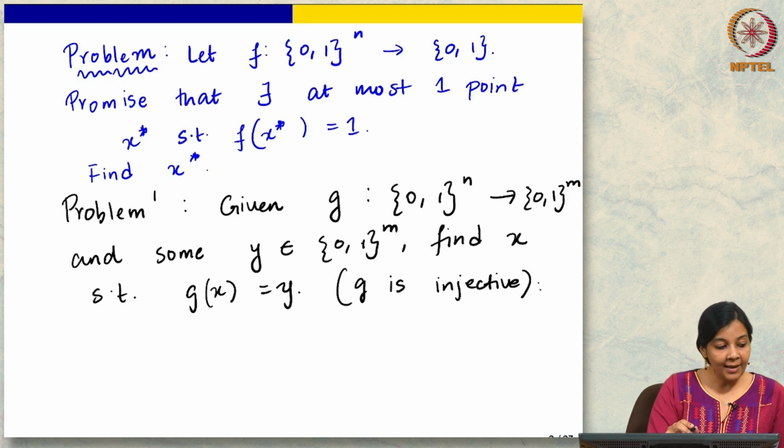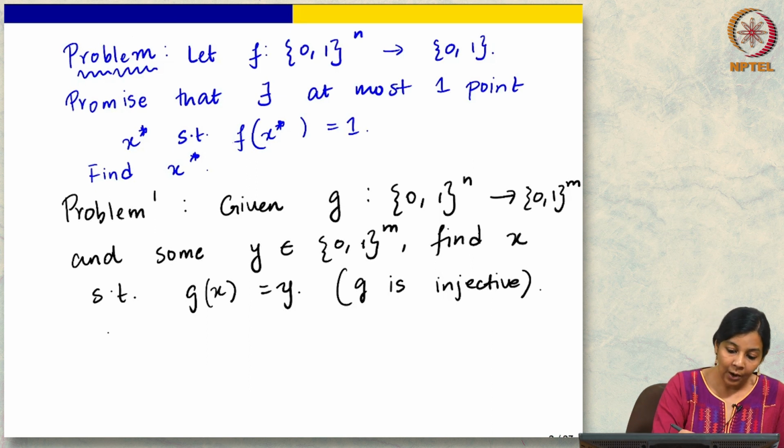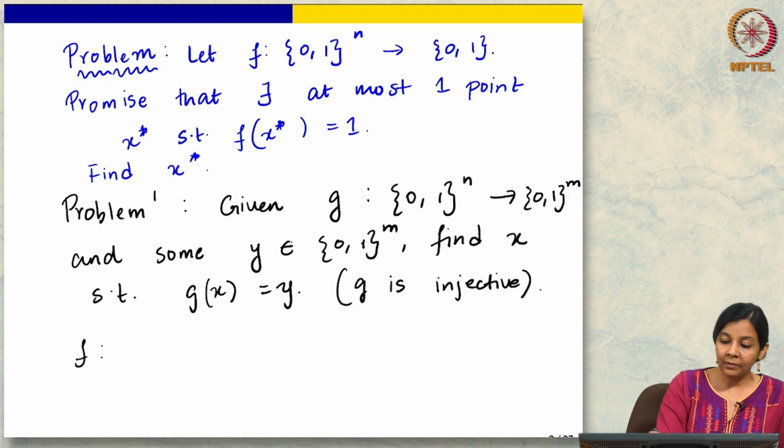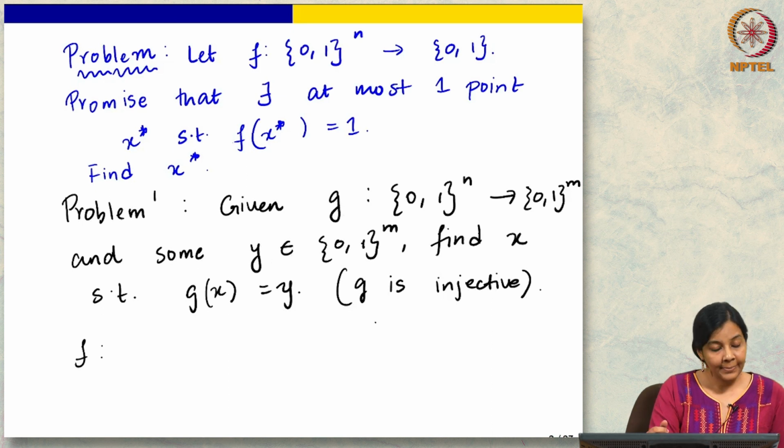So you can see that in fact if I have a way to solve the problem, then I can use it to solve problem prime, right. I can just redefine the function so that it solves this problem. Can you tell me how? How should I define f such that it captures problem prime? Good.